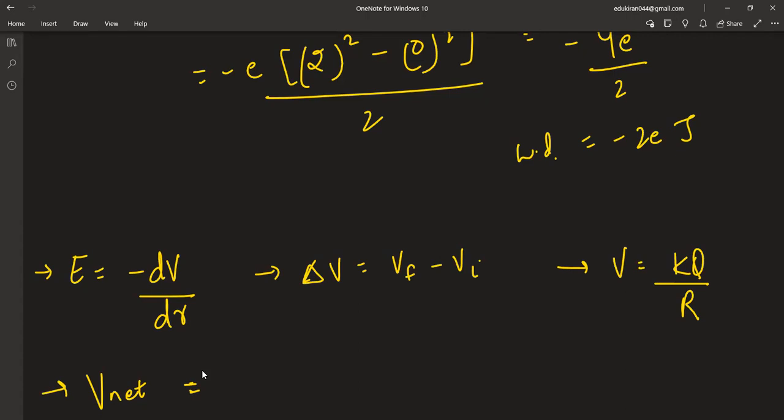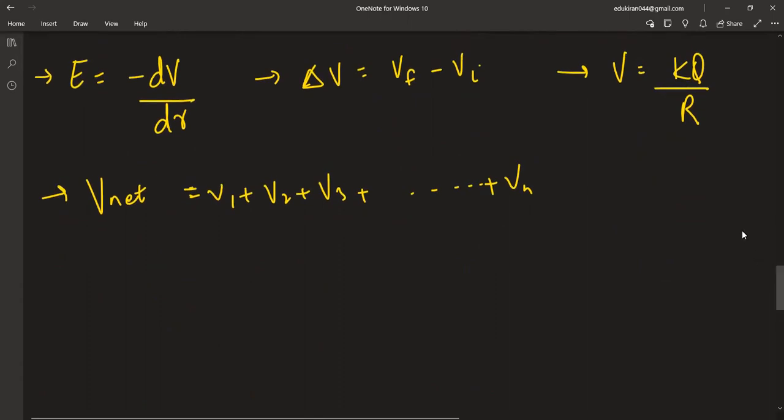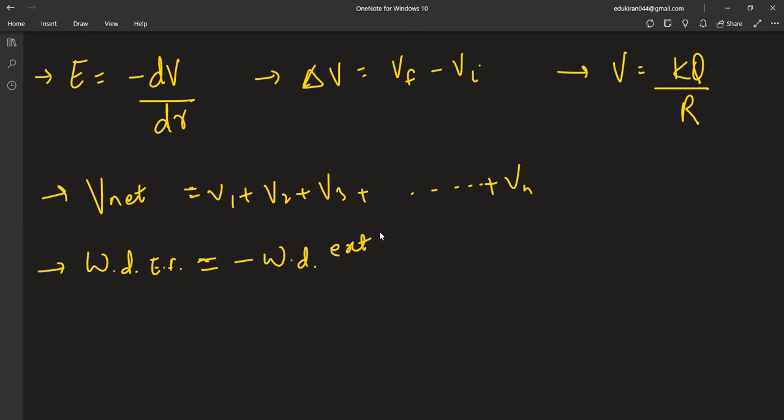Add all of them directly, algebraically, like V1 plus V2 plus V3 up till Vn. I don't need to take their vector sums. Vector sum is not required over here, right? And one more thing which we have studied, that is work done by the electric field. This is negative of the work done by the external force. This question you have also done already.